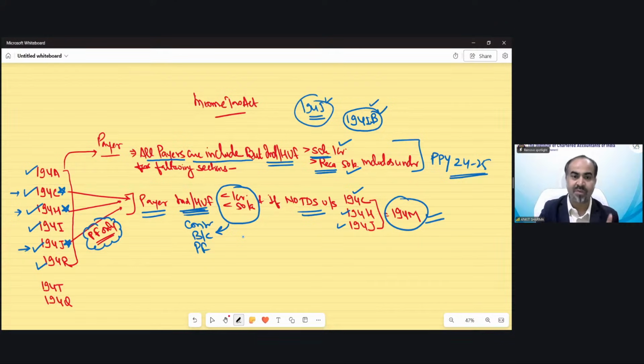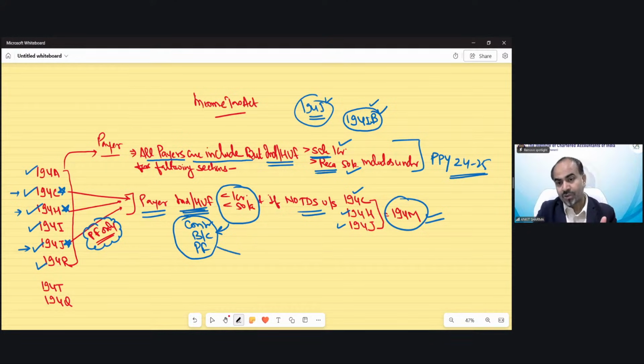In the same way, for these 3 kinds of payment, contract, brokerage commission, and professional fees, section 194C, H, and J is there. But they did not include individual HUF less than 50 lakh or 1 crore.